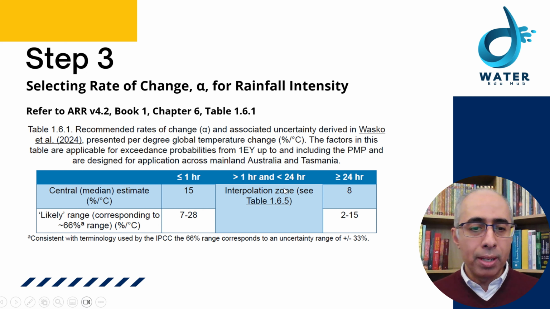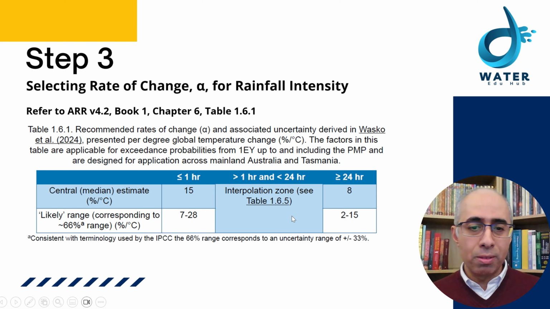So in this table, as you can see, we have 3 zones. If your rainfall duration is smaller than or equal to 1 hour, the rate of change will be 15%. And if your rainfall duration is equal to or larger than 24 hours, you get 8%. And of course, if the rainfall duration is something in between, we are falling in an interpolation zone.